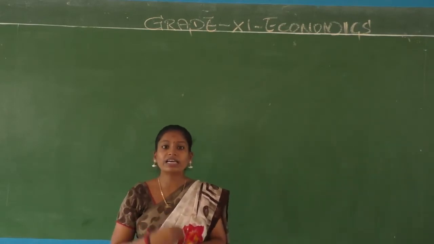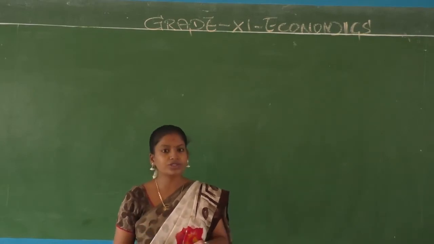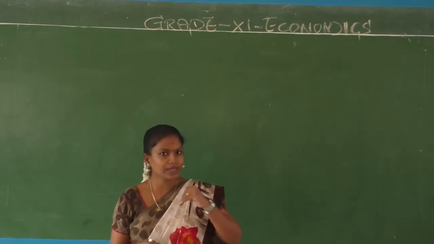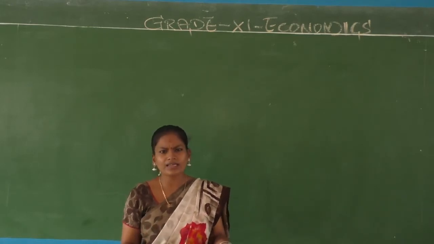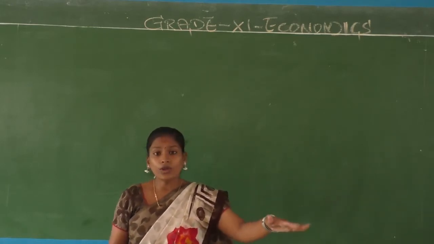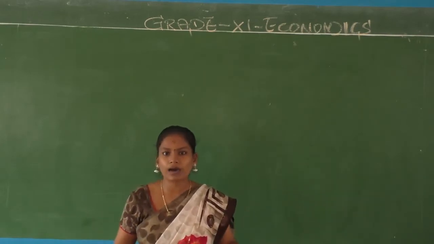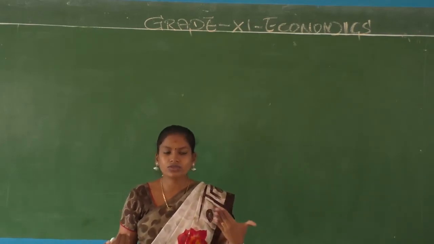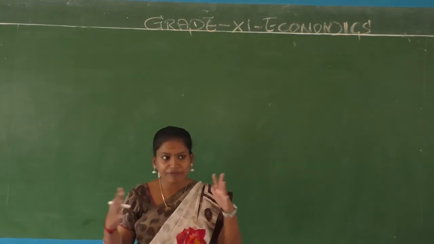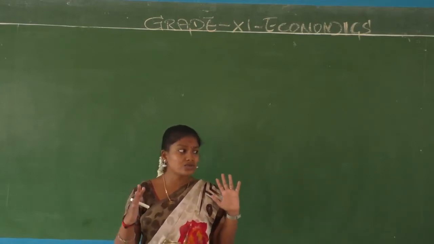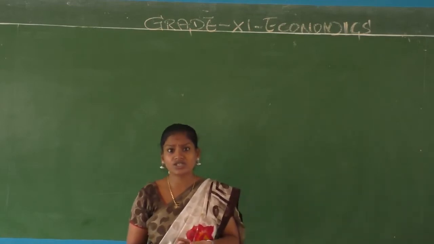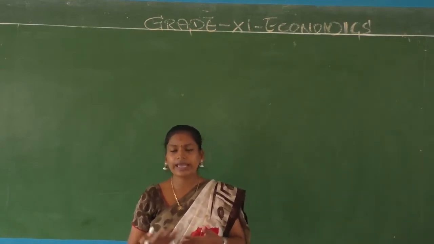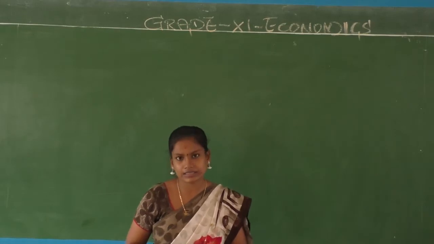Based on that, the government decides whether to continue the lockdown or announce a green zone or orange zone. How are they analyzing it? Just by looking at it? No, they have proper data. This data is useful in every field: management, government decisions, accountancy. Everywhere we need statistics.